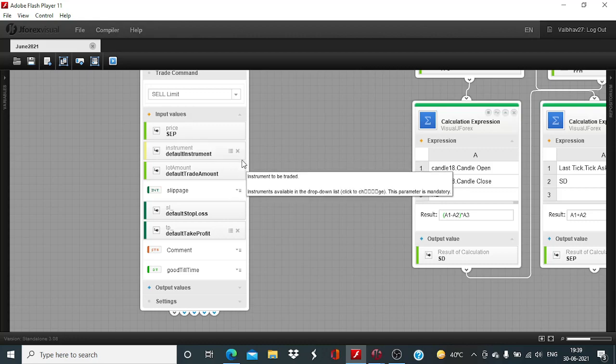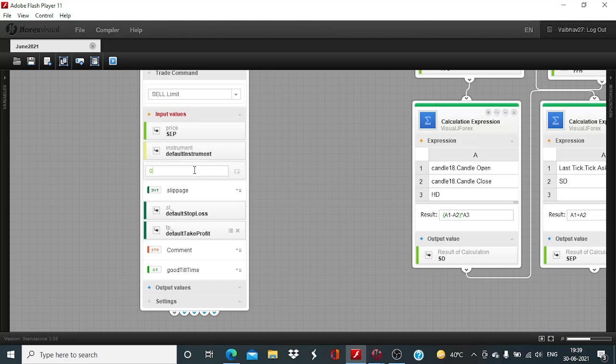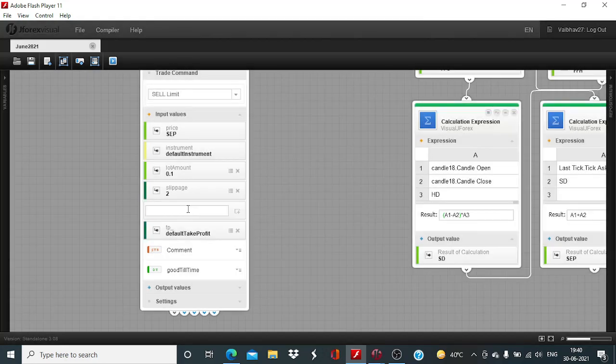Default instrument will remain USD/JPY. Trade amount I will change to 0.1 million. It should be taken as per the equity in the account. Slippage is going to be 2 pips. Stop loss I will change to 15 pips, and the take profit is going to be 30 pips.